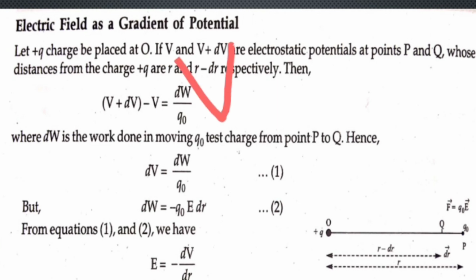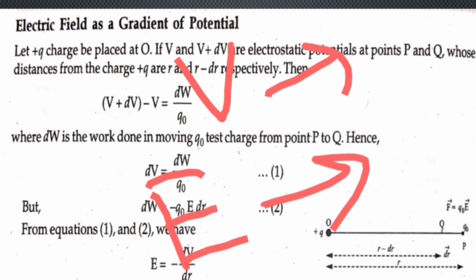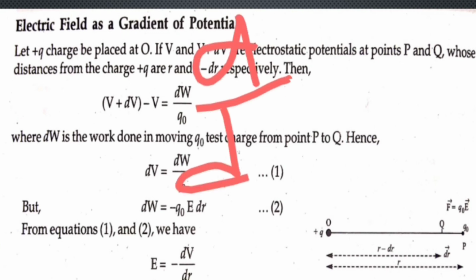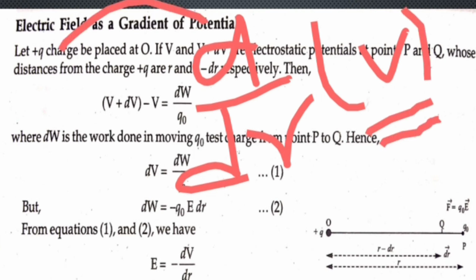Actually, V is a scalar quantity. Okay, remember this. And E is a, what is it? E is a vector quantity. You have learned it and you forget it. Quite natural. But anyway, as this is a conservative force, just by doing a simple derivative, you can get a vector quantity from a scalar quantity.